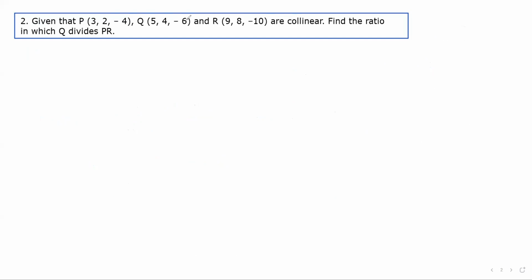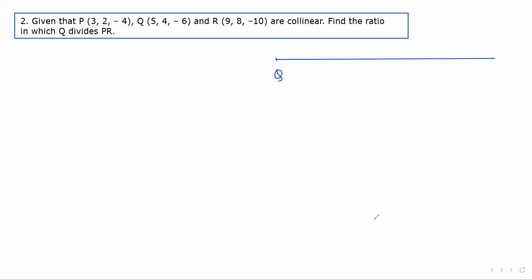Given that P, Q, and R are collinear, find the ratio in which Q divides PR. Now, P, Q, and R are collinear. Let's draw them. Initially, you can consider any point in any position.